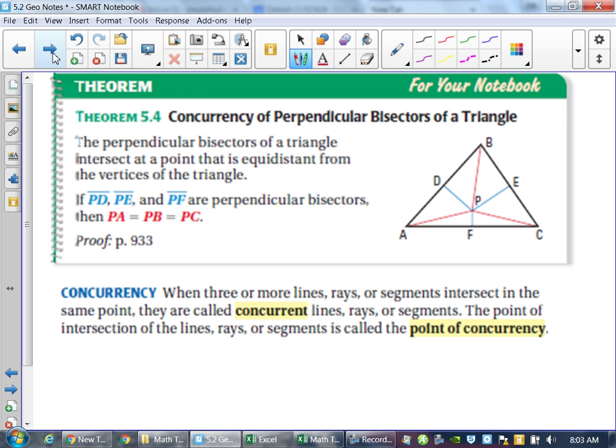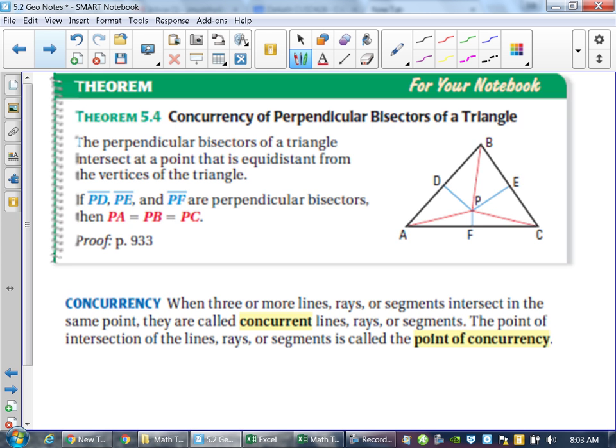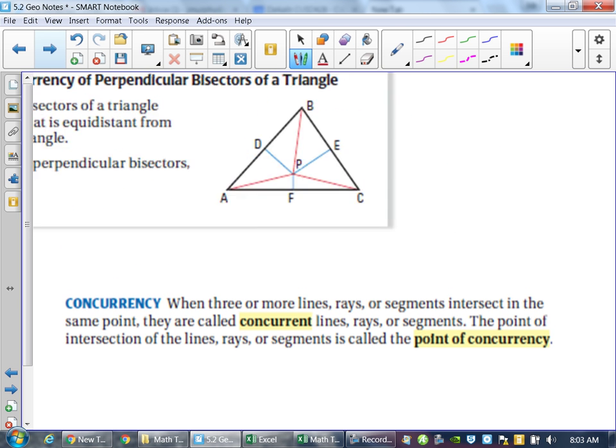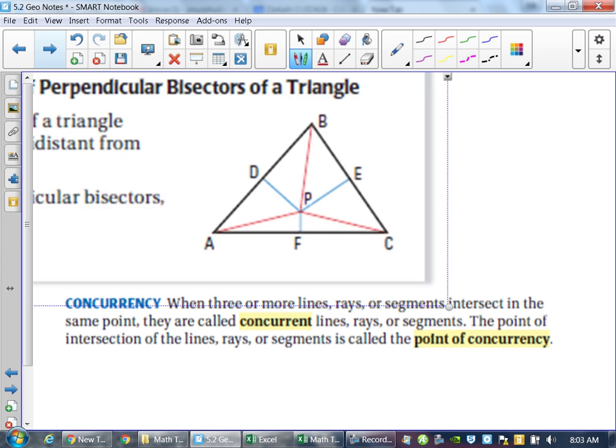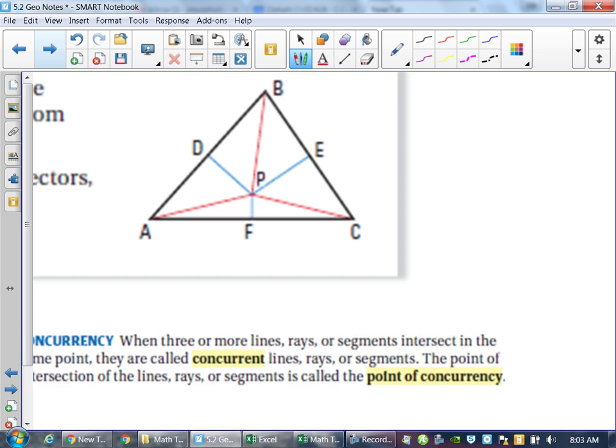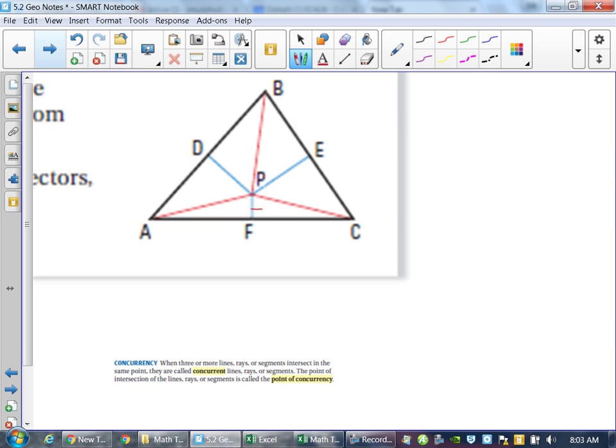You get this thing called a point of concurrency. Let me draw this out here. If we look at a triangle where you have these 3 perpendicular bisectors, they all meet at this point P, okay, inside that triangle. That means from vertex to point is all the same.